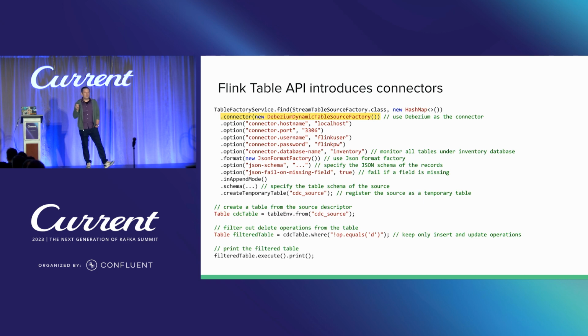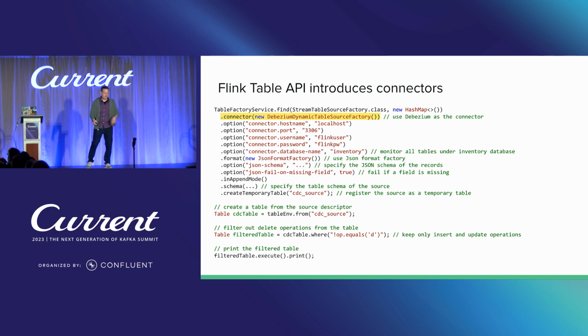The Table API is when it started to get interesting for data pipelines, because now we have brought this concept of connectors into Flink itself. You see here, I'm creating a table by configuring a connector. That table is now sort of like a handle to some physical table or change stream in this case.